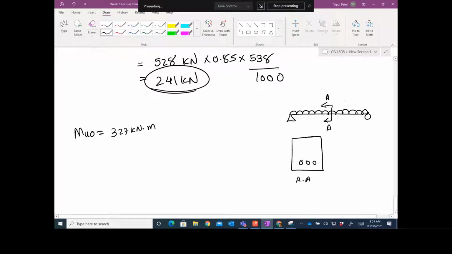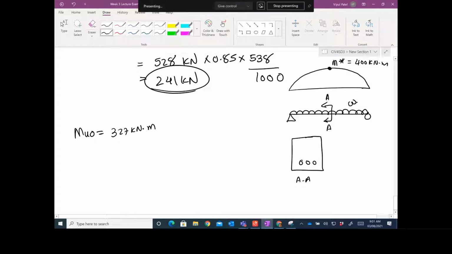If I have a certain UDL load and you draw the bending moment diagram, you will get the maximum moment here. Let's say this maximum moment is 400 kilonewton meters due to this W UDL loading.